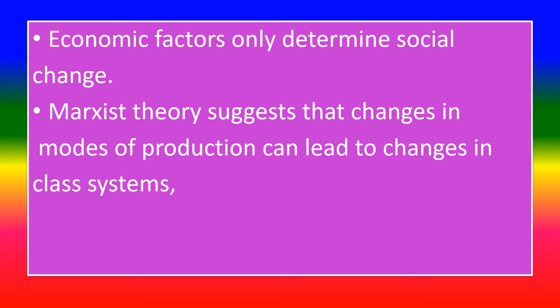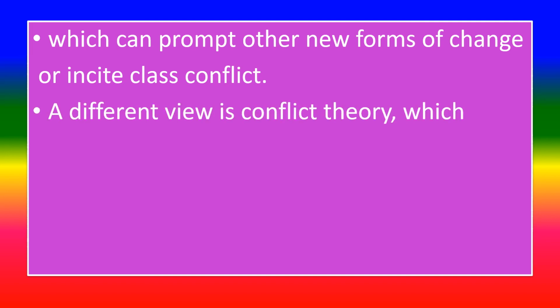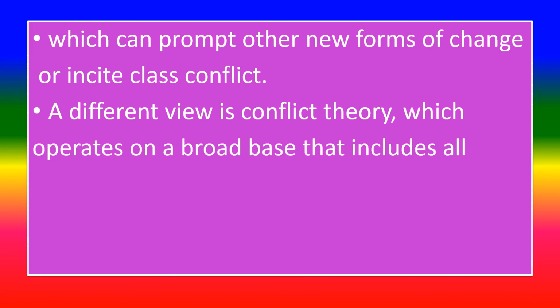Marxist theory suggests that change in modes of production can lead to change in class systems, which can prompt other new forms of change or incite class conflict. The different views in conflict theory operate on a broad base that includes all institutions.